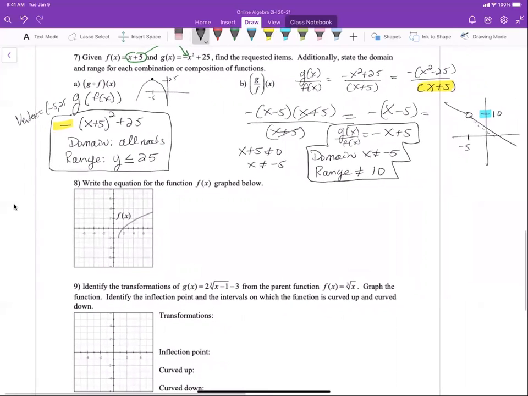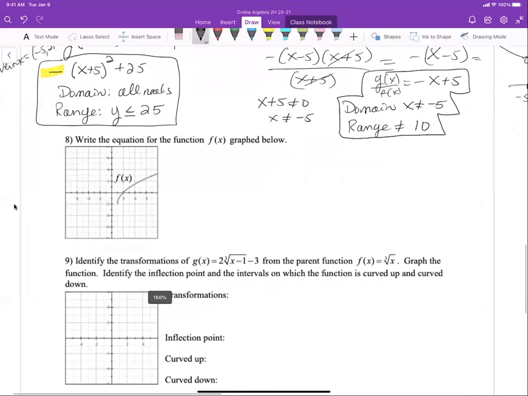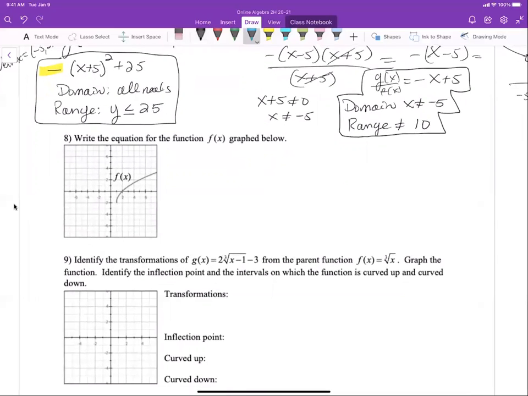Okay, number 8. Write the equation for the function f of x that is graphed below. So this is the parent function, the square root of x. We can see that it has been shifted right by 1 and down 2. Now we expect this graph to go over 1 and up 1, but it went over 1, up 2.